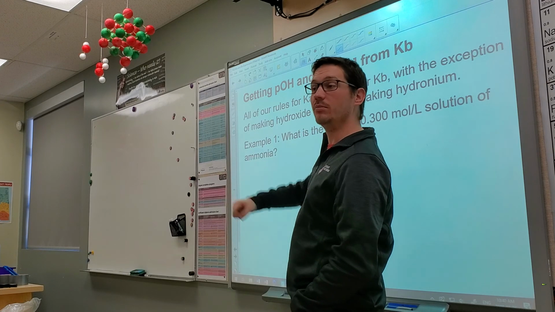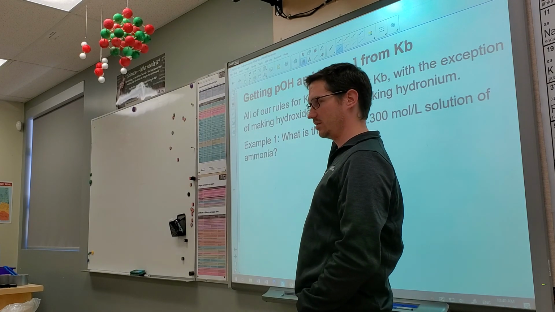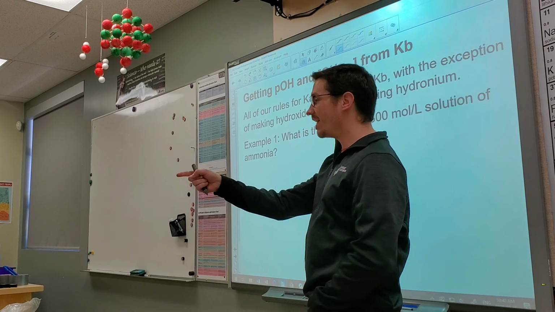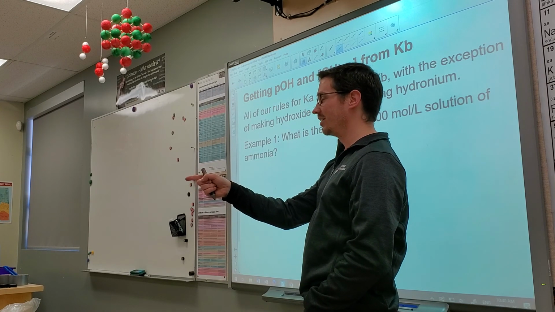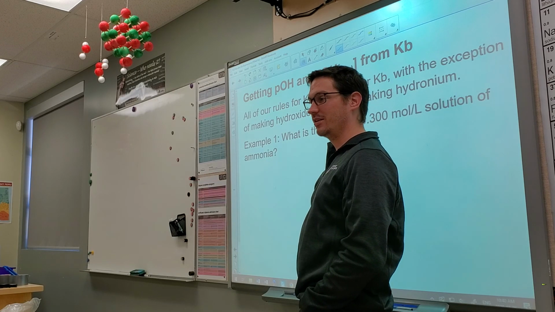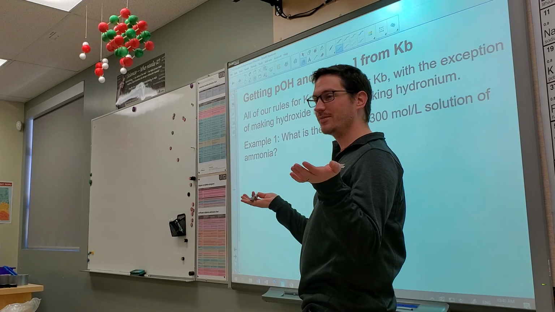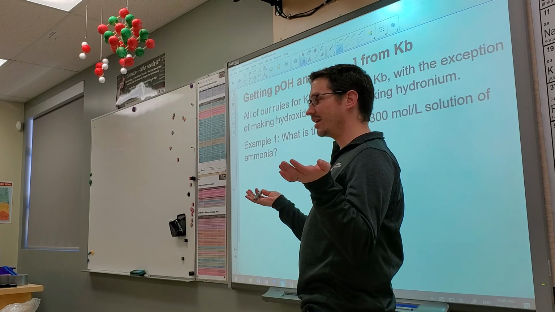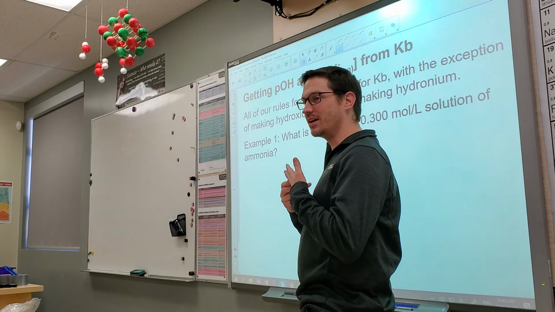Now, what is the pH of a solution of ammonia? Ooh, ammonia. Is ammonia a base or an acid? You said that with such confidence. Do you know? No? How could you know? I'm hearing murmurs of it's a base.